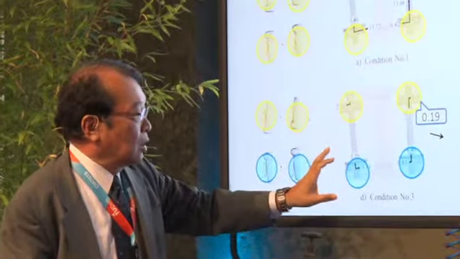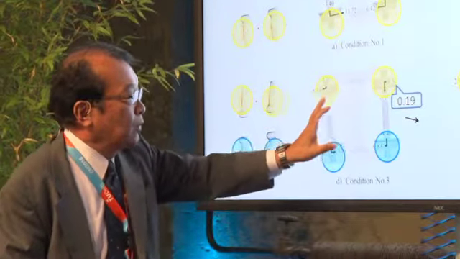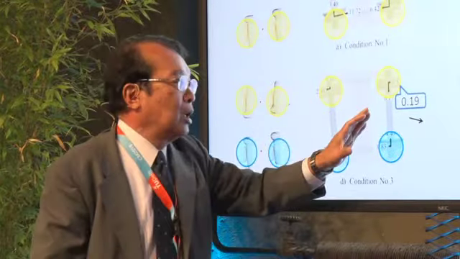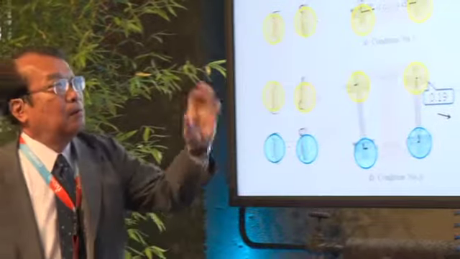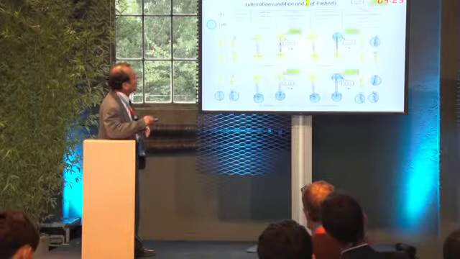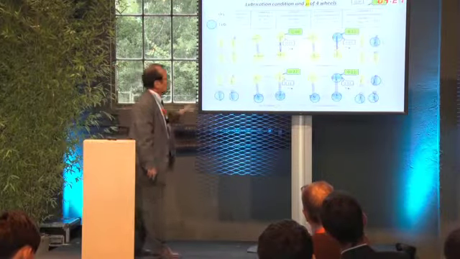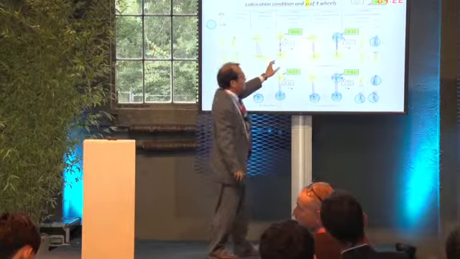And in condition 3, the Q by P is smallest, 0.16. But this actual value of Q by P cannot decide the safety. These are the values of FCI.